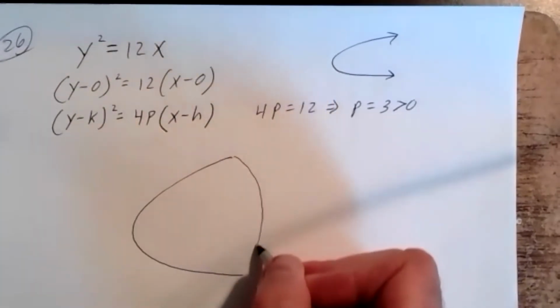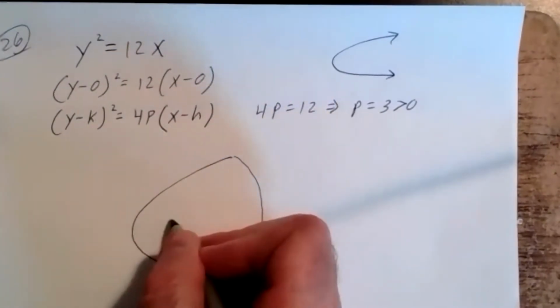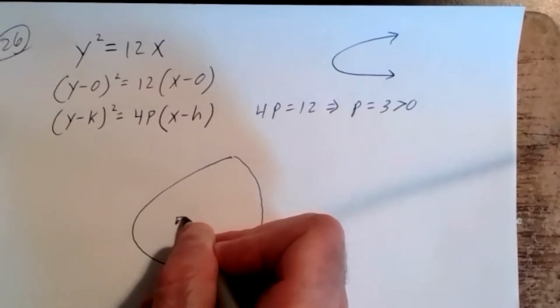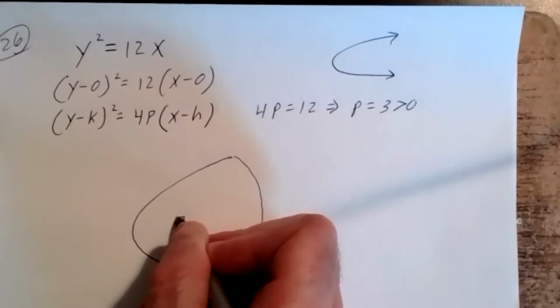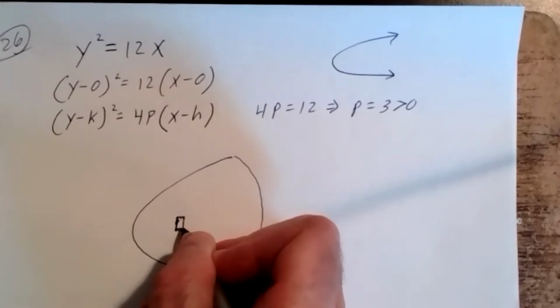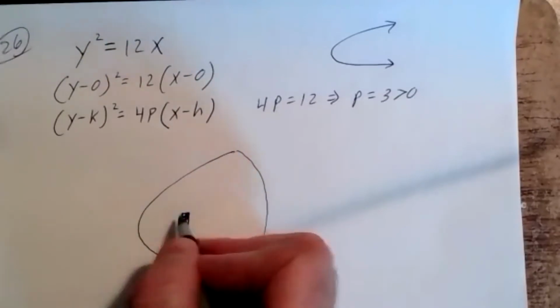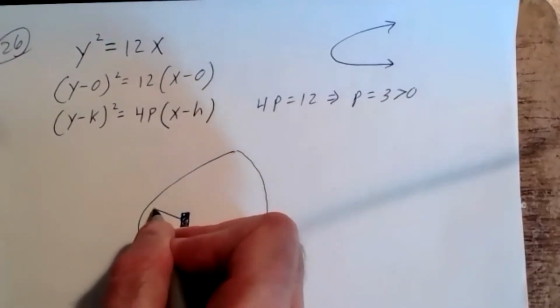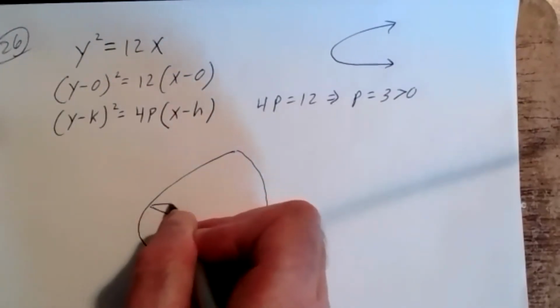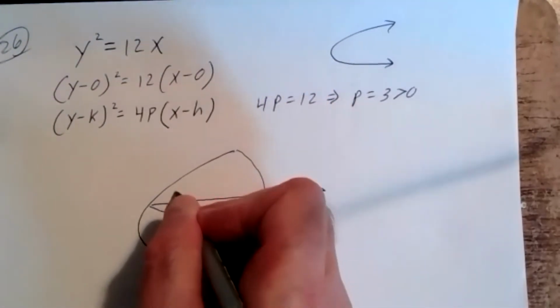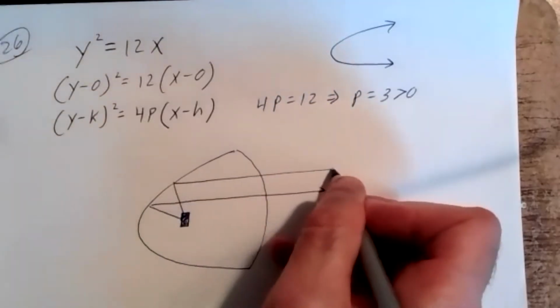Here's your headlight, your headlamp. And then you have a light bulb. You got a bulb here. And they want you to indicate where you need to place this bulb so that when you turn on this lamp, the rays emanated by that bulb are going to strike the parabolic mirror and then be sent downrange as parallel beams of light.